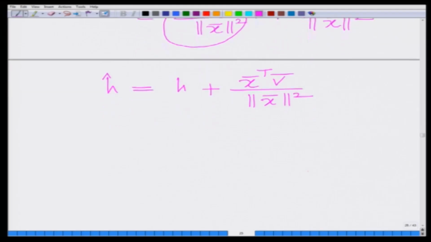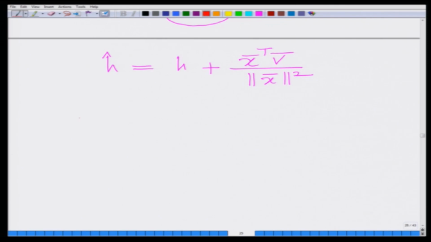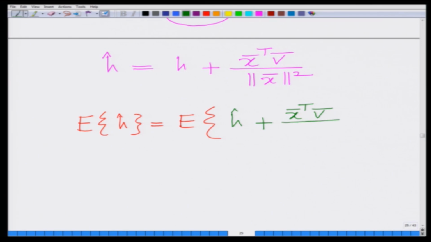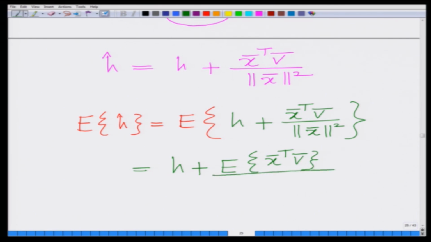Now, it is easy to see that if I look at the mean of the estimate, that is expected value of h hat, that is nothing but expected value of h plus x bar transpose v bar divided by norm x bar square. I am sorry, this is h, not h hat. Now, h is a constant, therefore, this is h plus expected value of x bar transpose v bar divided by norm x bar square.